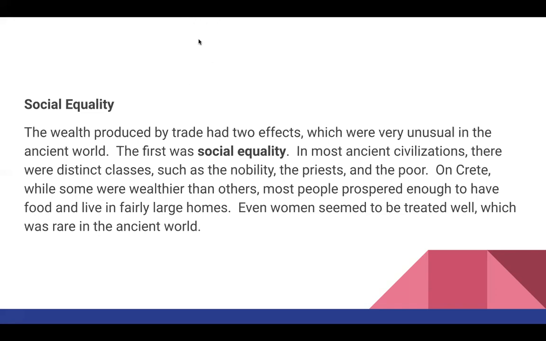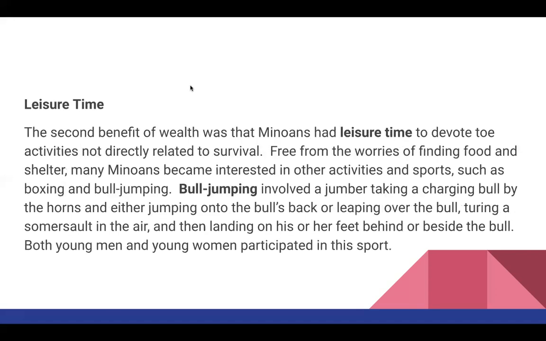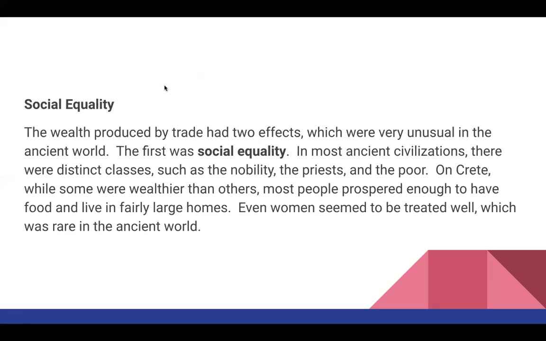On Crete, while some were wealthier than others, most people prospered enough to have food and live in fairly large homes. Even women seemed to be treated well, which was rare in the ancient world. This is also the reason why, like Greece and Rome, they first developed democratic systems, I think.